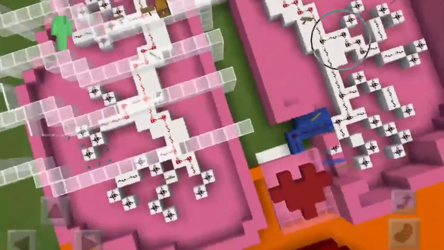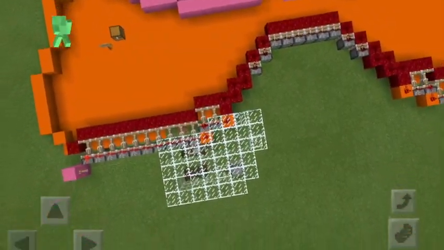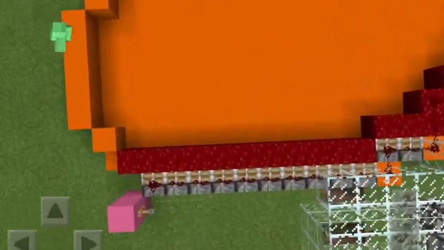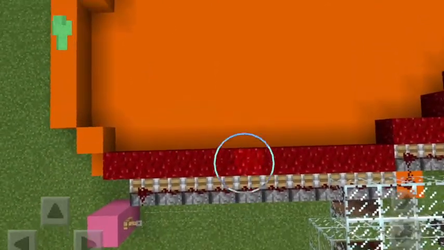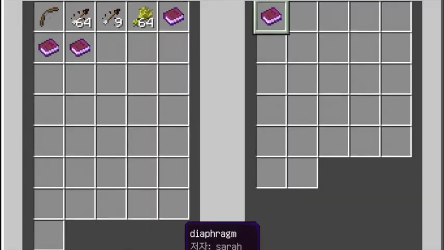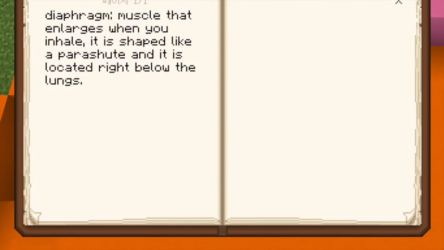So below these lungs, there is a diaphragm. As you just saw, it moves front and back with this piston. Because if you see the diaphragm definition, the diaphragm is a muscle that enlarges the lungs when you inhale.